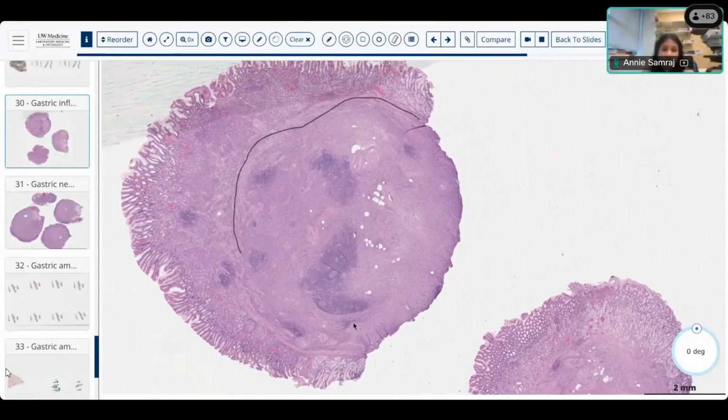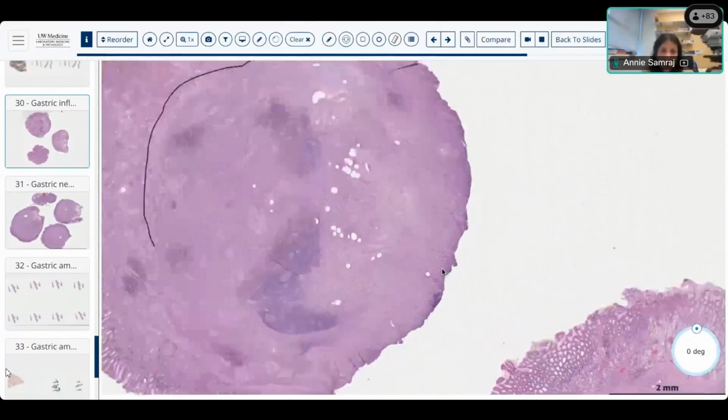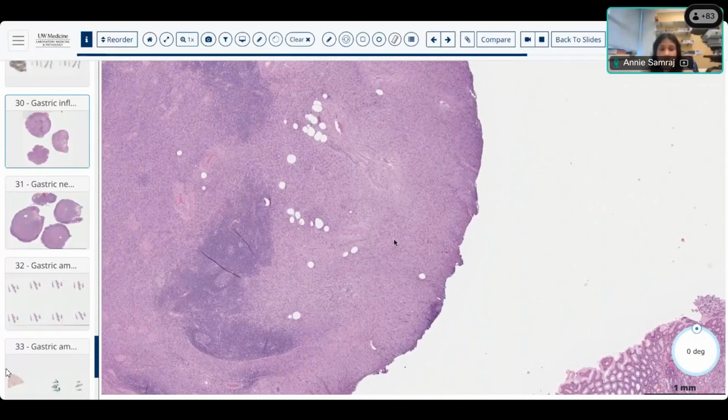So this cannot be a GIST because it is in the submucosa, right? GIST is a very good differential, but the location is not right. A GIST will be seen in the muscularis propria, or at least it'll be based in the muscularis mucosa and then infiltrate other areas.